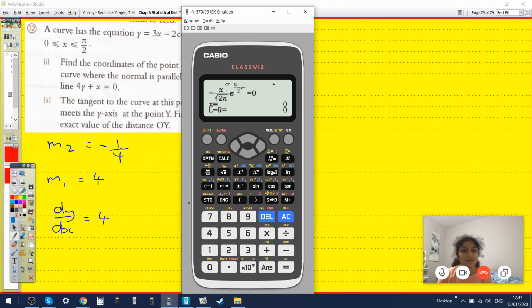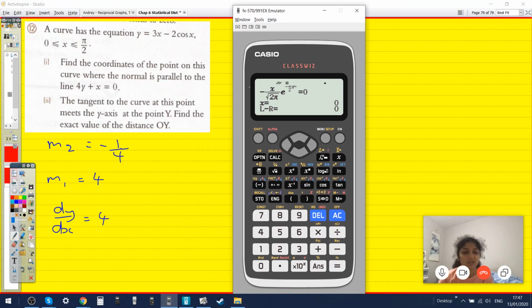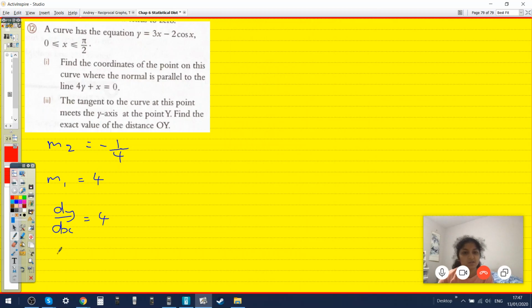So 3x would just differentiate to 3. And then cos x would differentiate to minus sine x. So you'd have 3 plus 2 sine x is equal to 4.